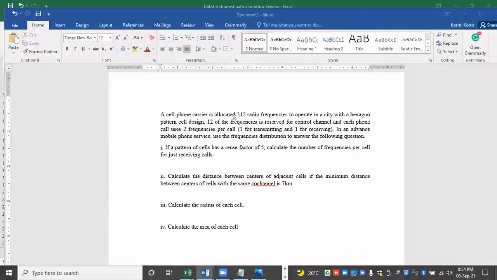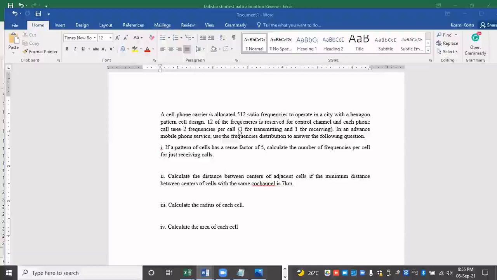They're using a hexagon form for their cellular cell design. Continuing the question, 12 of the frequencies are reserved for control channels, and each phone call uses 2 frequencies, which is standardized.